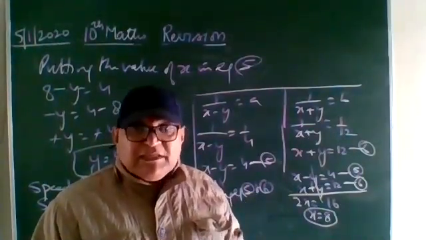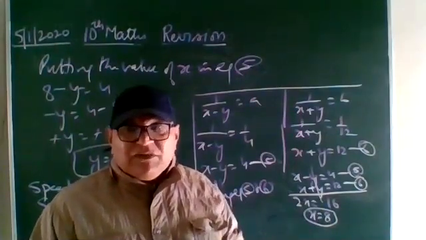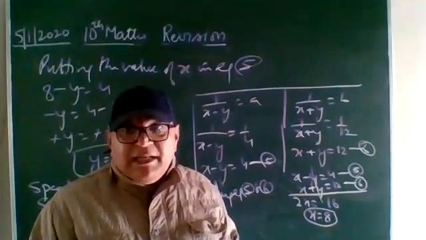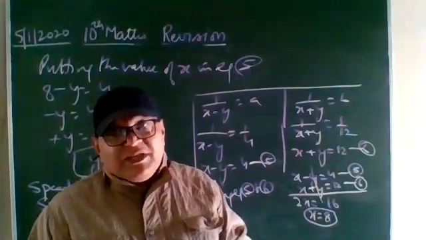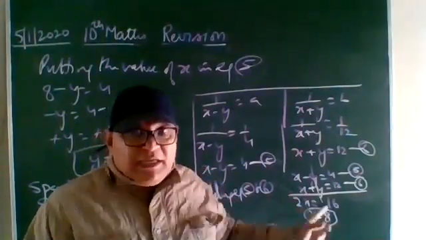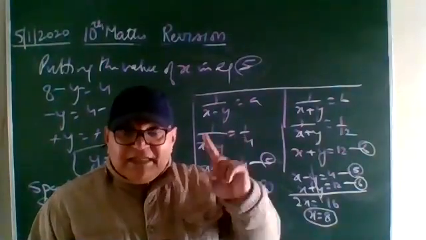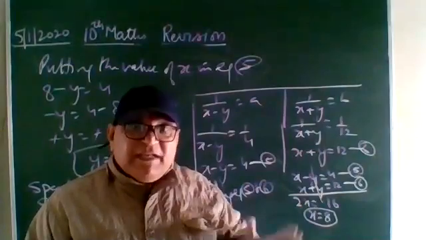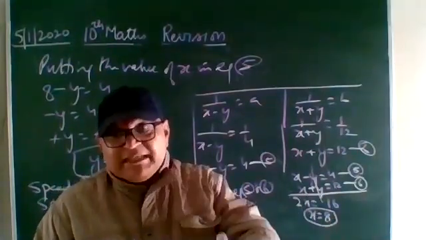Have a practice. Sometimes what is given in the question? Find the speed of the stream and the speed of the boat. They write like this: speed of the stream and the speed of the boat. Here the question is: find the speed of the boat and the speed of the stream. So you have written x for the speed of the boat and y for the speed of the stream.